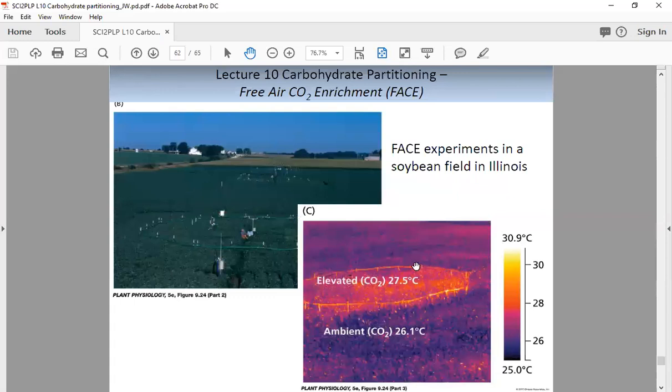So here's the FACE experiment here, temperature recorded as 27.5 degrees Celsius, and under ambient carbon dioxide, the temperature was 26.1 degrees Celsius. So this could be where some of those conflicting results come from.